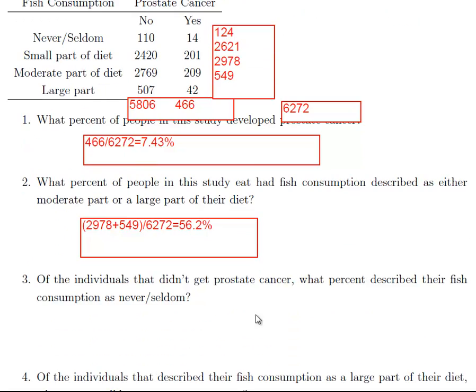Okay, so the next one, of the individuals that didn't get prostate cancer, what percent describe their fish consumption as never or seldom? Okay, so now I'm talking about two of the variables. I mentioned prostate cancer and fish consumption. So this is a conditional one. I'm saying of the individuals that did not get prostate cancer. So I'm limiting myself to this column right here. And so whatever my percentage is, my denominator is going to be 5,806 because that's the total number of people that didn't get prostate cancer.